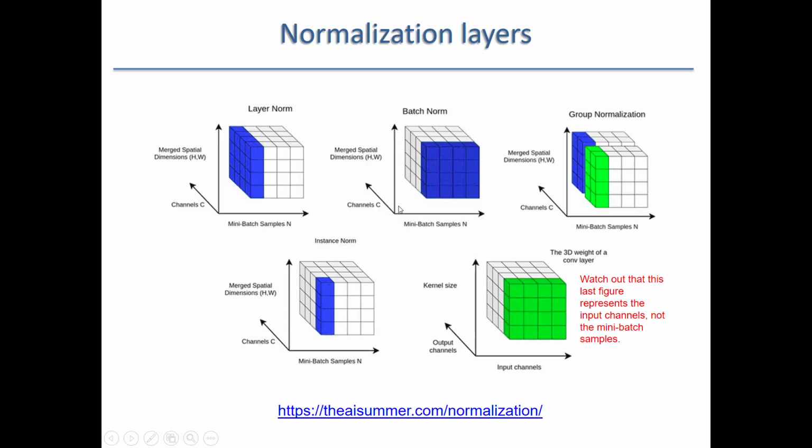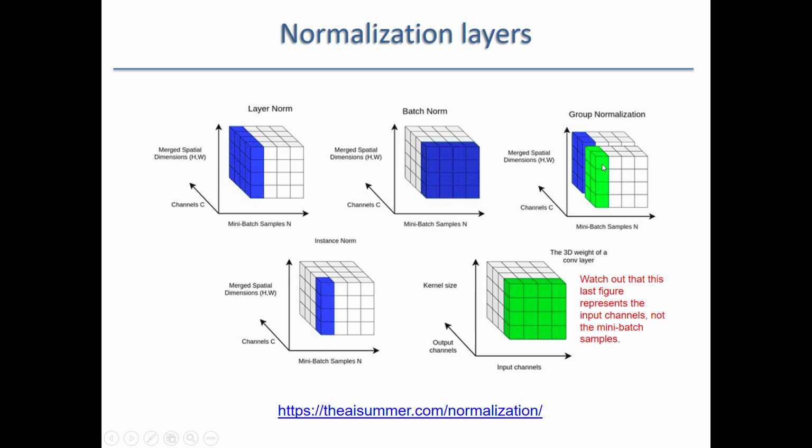Then we can have other kinds of normalization. So we can normalize by layers. For instance, the same sample is normalized across all channels. Batch normalization we have already discussed.